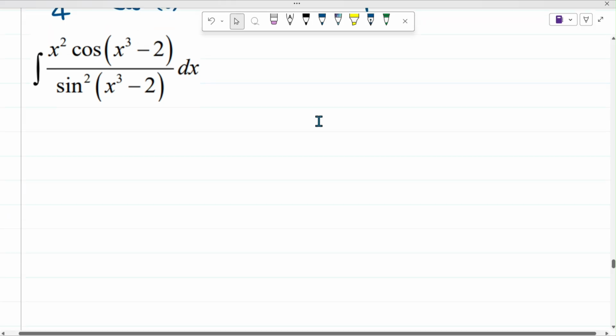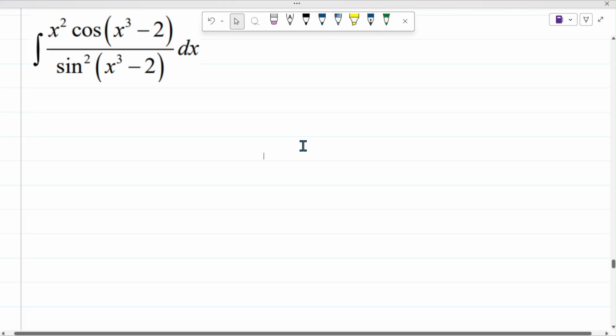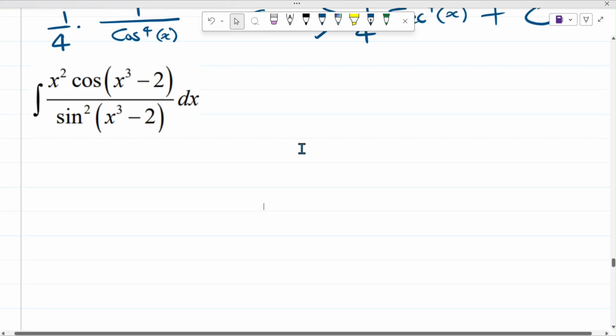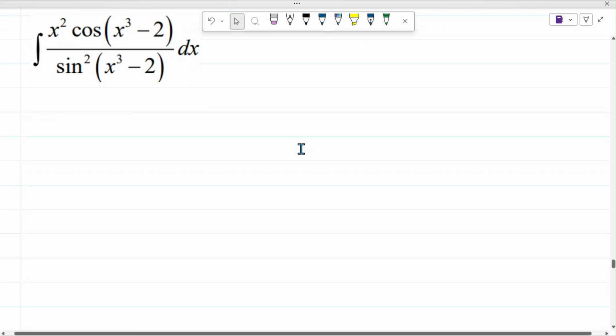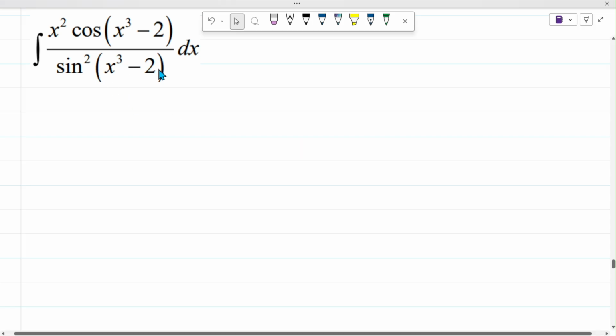So why did I have this already? All right, so we've got x squared cos of x cubed minus 2 divided by sine squared of x cubed minus 2.